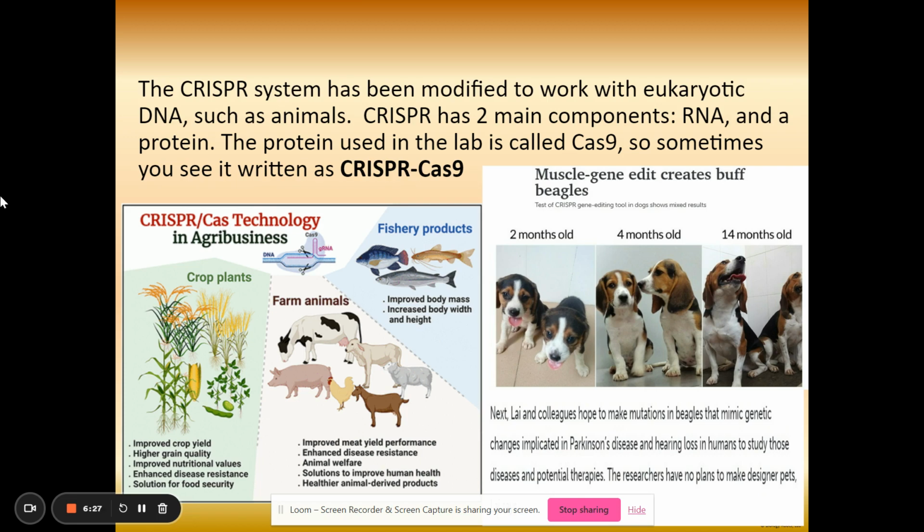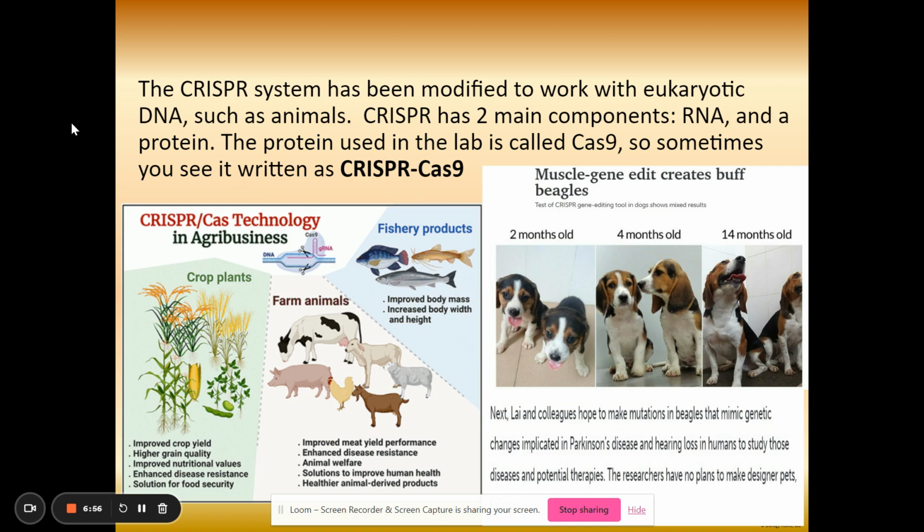So, this is done, and there's like a Dr. Lay, and this is what he said at the end of this. It says, Nextly and his colleagues hope to make mutations in beagles that mimic genetic changes implicated in Parkinson's disease, which we know is a disease of the neurological system in humans, and hearing loss in humans, to study those diseases and potential gene therapies for them.